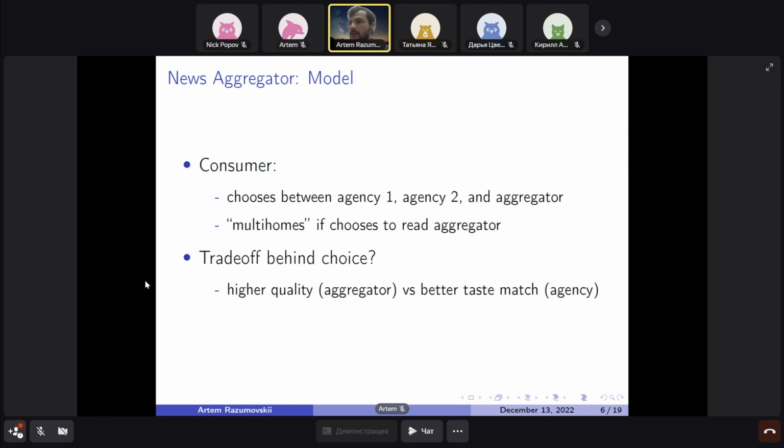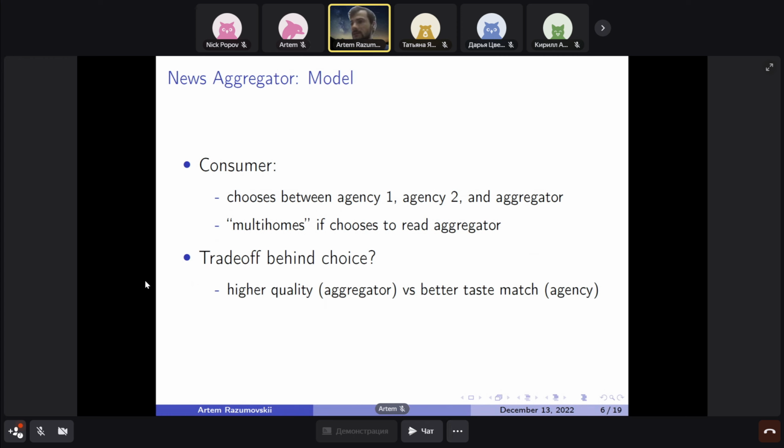And yeah, so what is the trade-off between choosing the agency or aggregator? Given the quality is presented, the agency already chooses the quality, then for each agent you can say that, okay, this agent will prefer the first agency or the second.